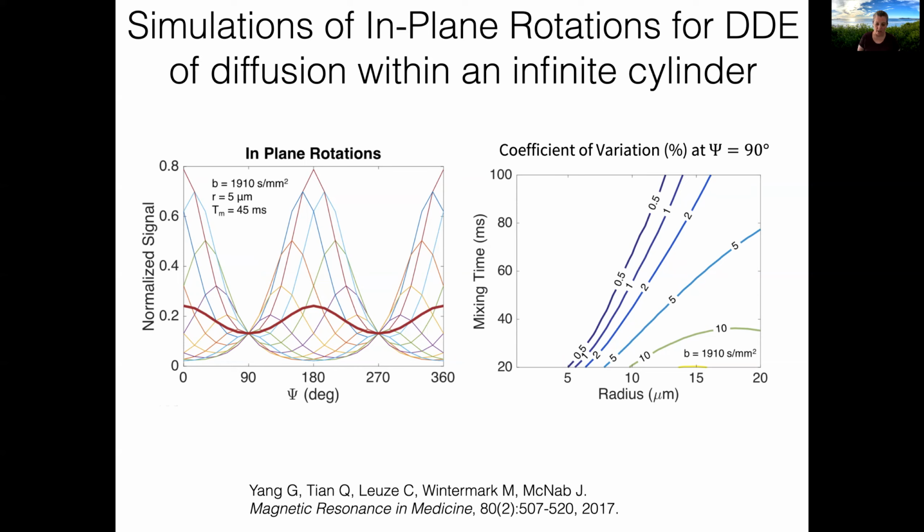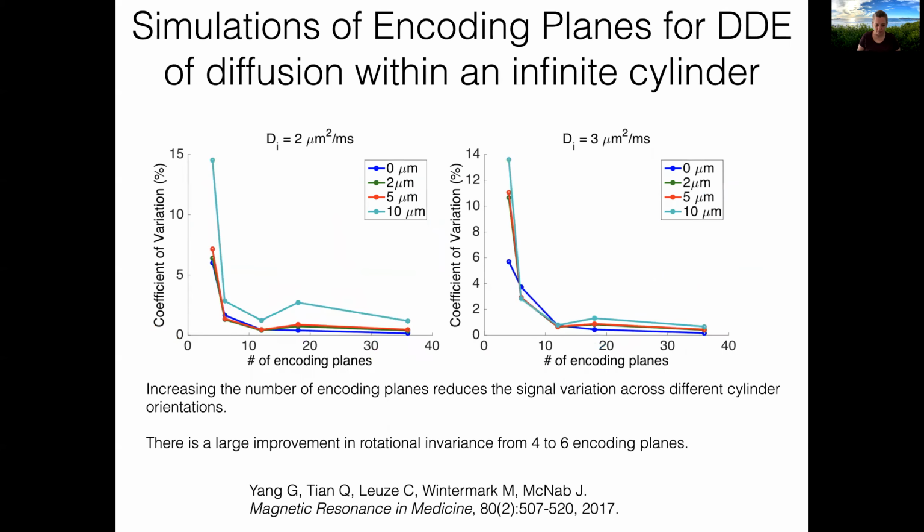The signals all intersect at pi/2, indicating that the signal is independent of the in-plane rotation when those two gradient pairs are orthogonal. And the plot on the right shows that the signal variation for in-plane rotations is also negligible for a range of different cylinder radii corresponding to the expected range of axons in the brain.